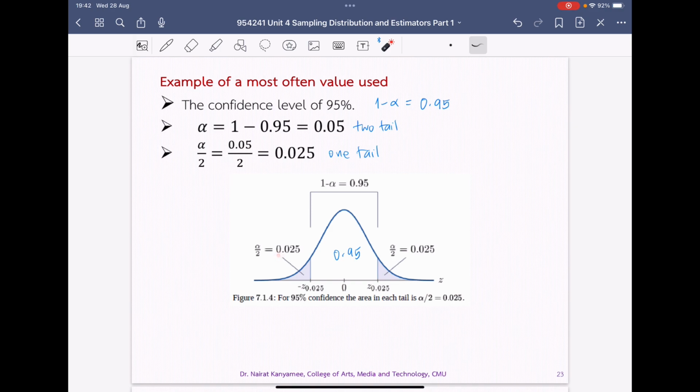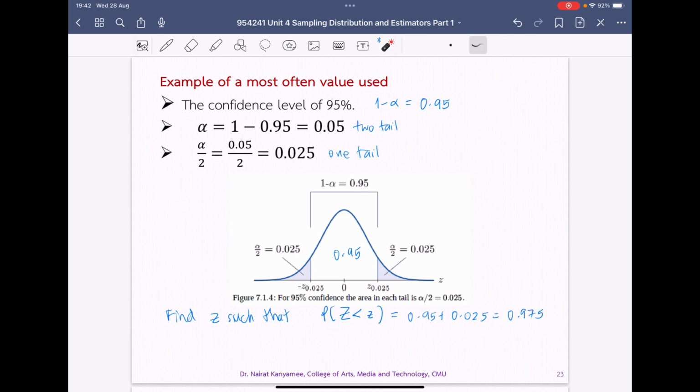So 0.025 here. Looking in the table, we look for z that has the area phi of z such that P of big Z less than little z is 0.95 plus 0.025, which is 0.975.